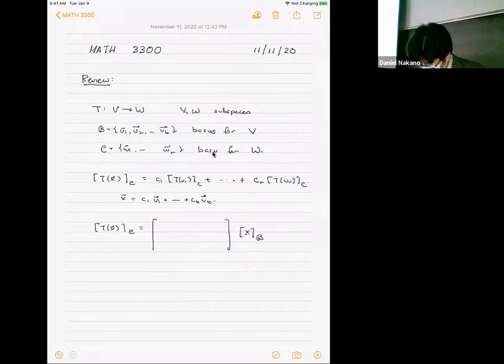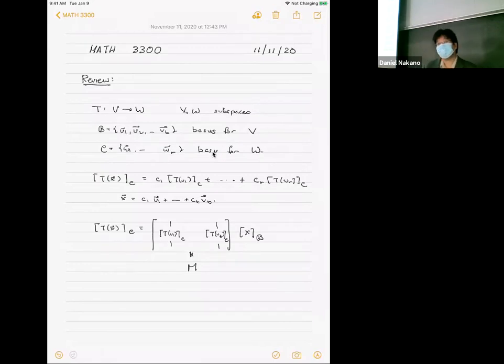And what matrix do we use? Well, we just look at the images of each of the basis vectors for V, and we take their coordinates and put them down the columns: T of V1 relative to C through T of VT relative to C. And remember, this is the matrix M.